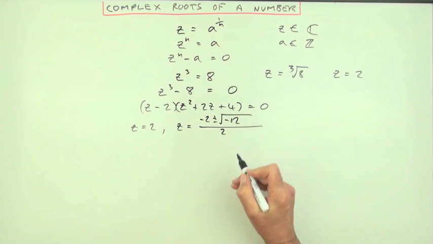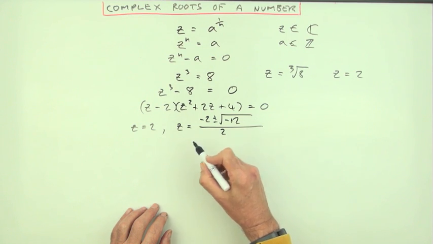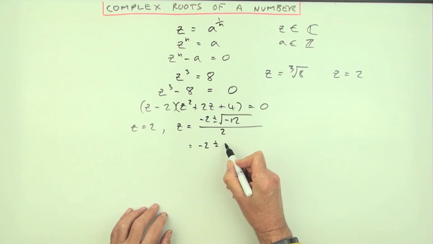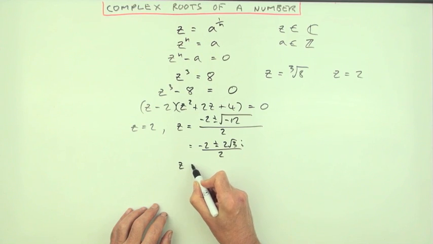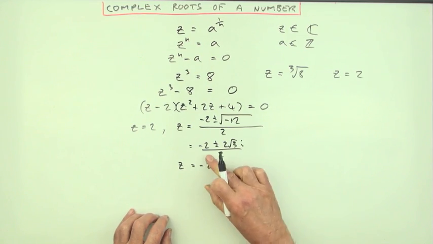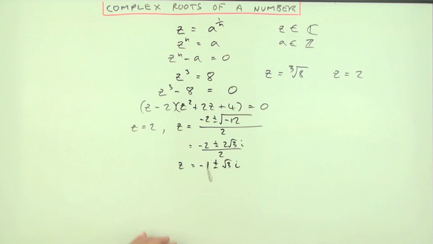That's 2 root 3 times negative 1. So this should be negative 2 plus or minus 2 root 3i all over 2. So finally I've got negative 1 plus or minus root 3i.